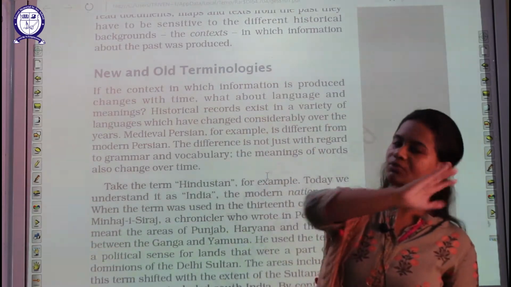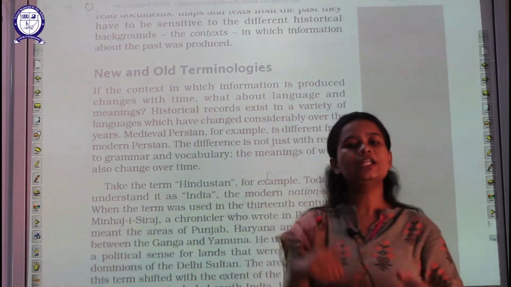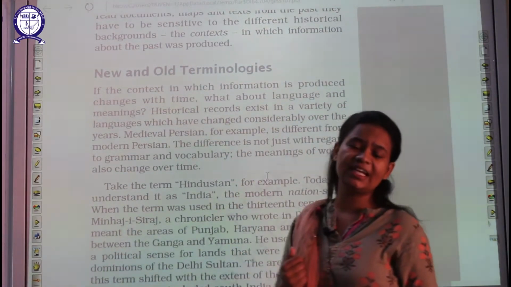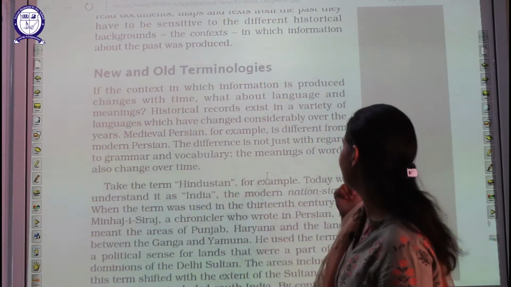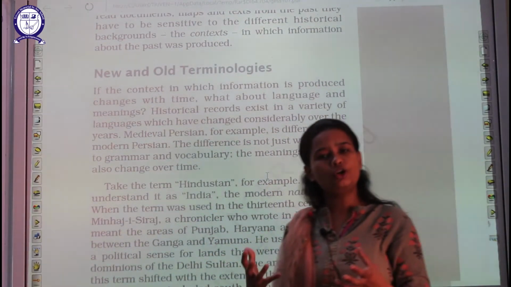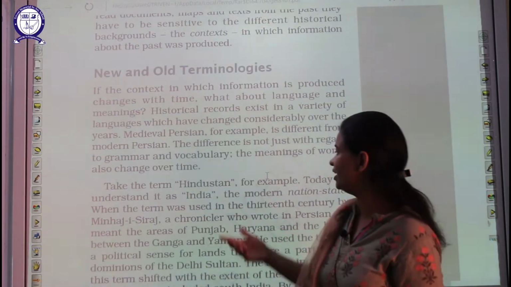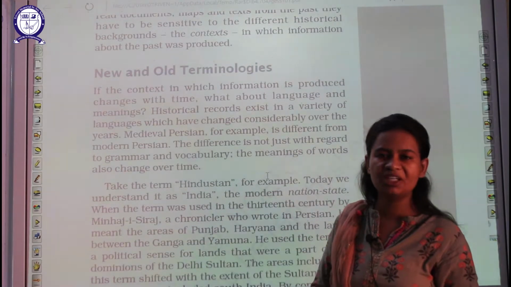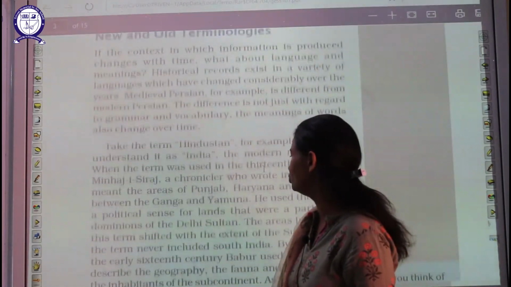So old terminologies and new terminologies. Several examples related to that are given in this chapter, students. These terms not only differ in terms of grammar or vocabulary, but they have different meanings too. Now we will study here, students.